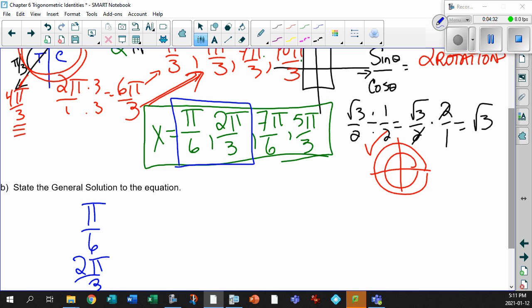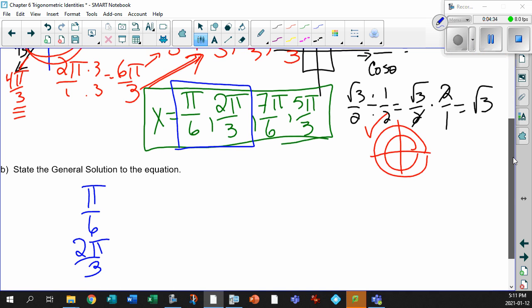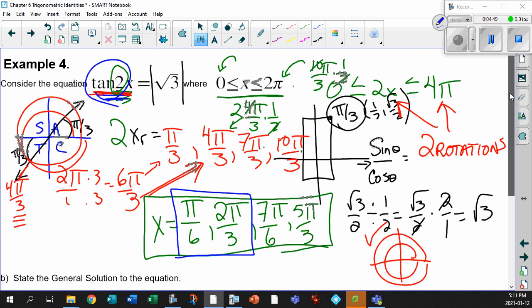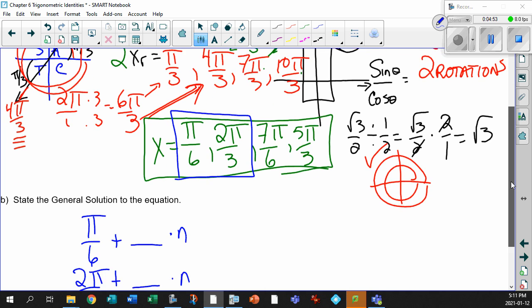Now, let's think about this for a second. What is the period? Because you know and I know we have to add the period times n. What is the period of this? Well, if you go back way over here, you'll notice that this was tan 2x.